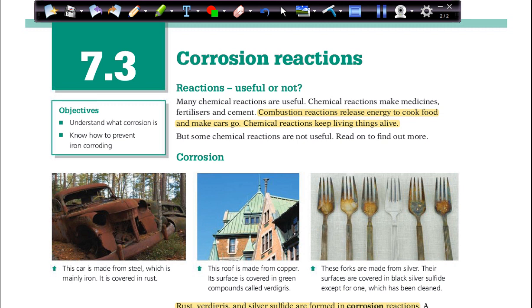Today our lesson is about the corrosion reaction. We might have heard about corrosion. Can you remember what corrosion is? Corrosion is something that rusts or reacts with water.